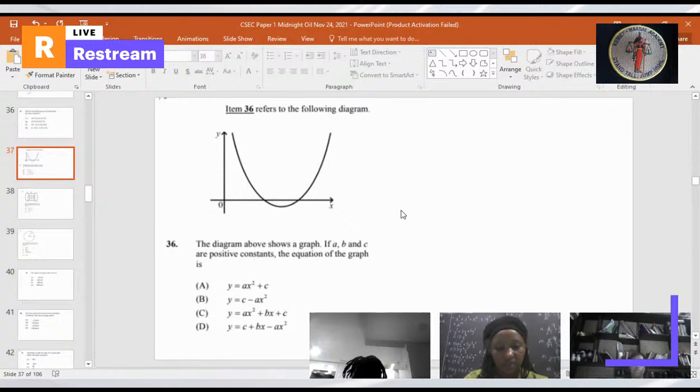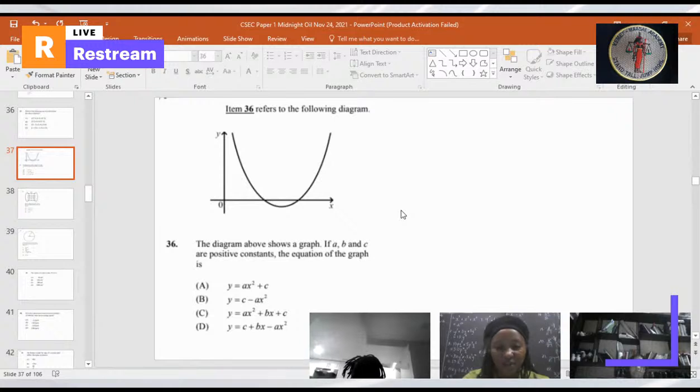Miss, because they said A, B, and C are positive constants, but in B and D, A is a negative constant. All right. And we should also know that when the x squared term is negative, we would not get the parabola in that orientation. It would not be, as we call it, the smile.